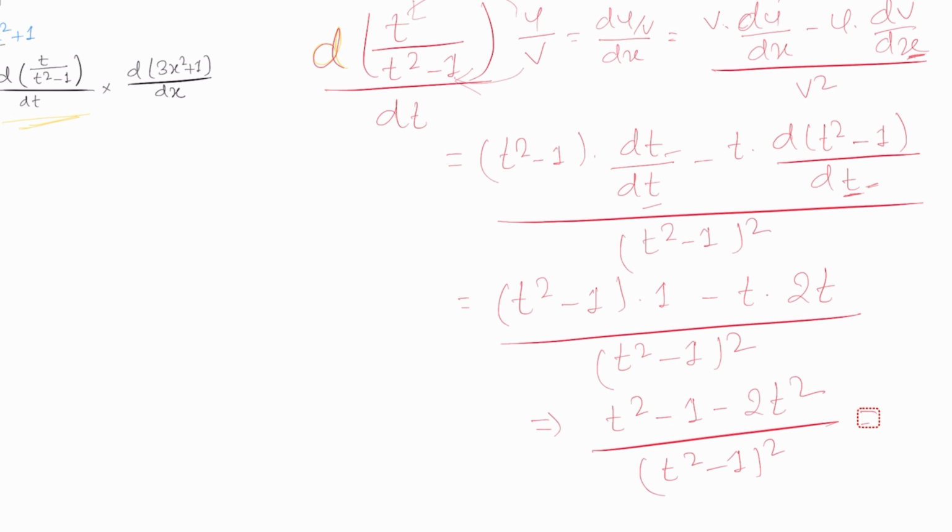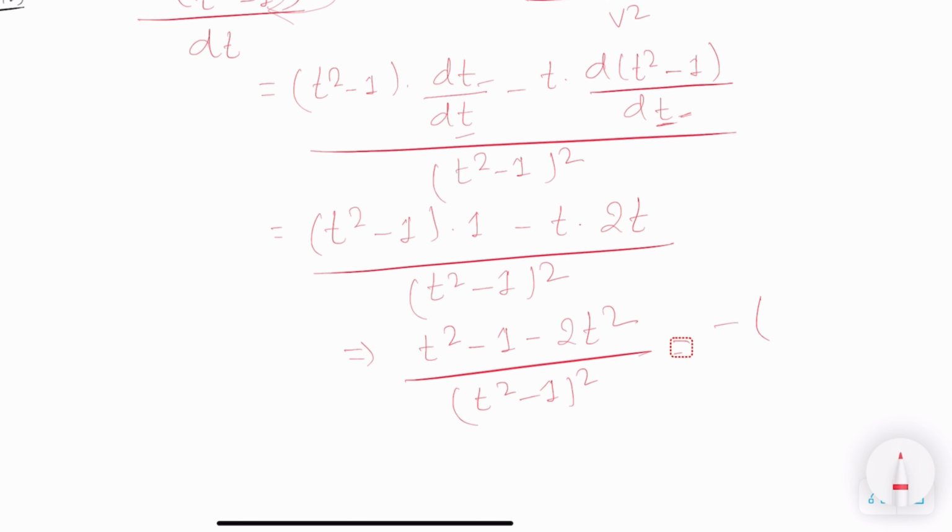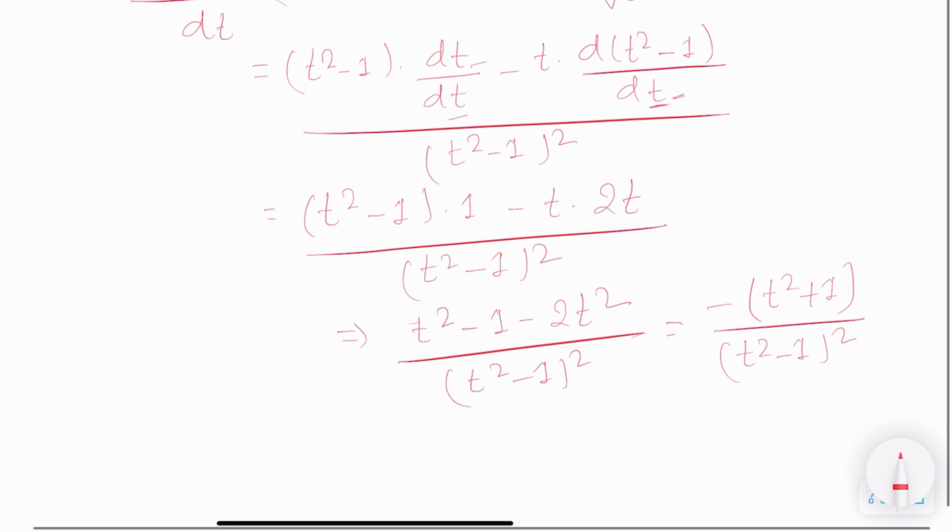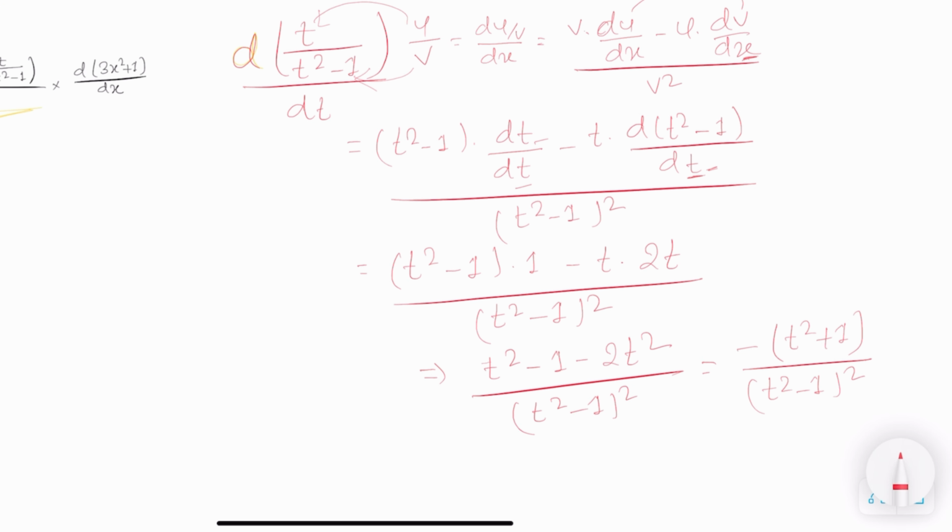So we will have here minus (t square plus 1) upon (t square minus 1) whole square.